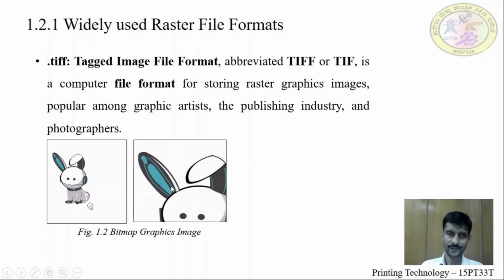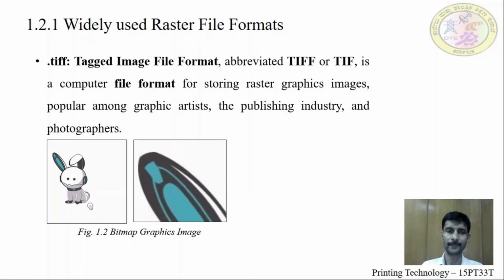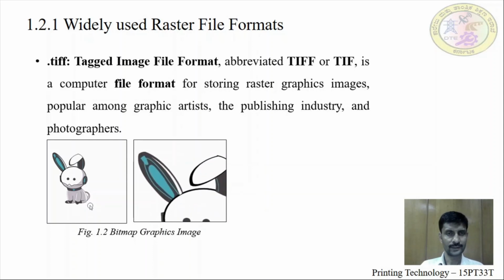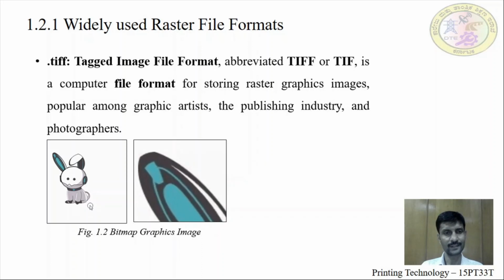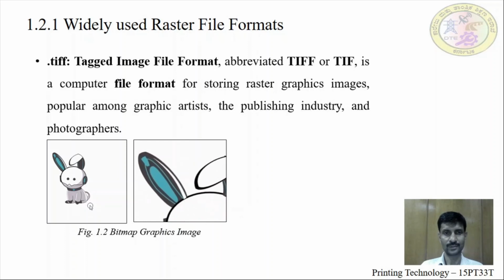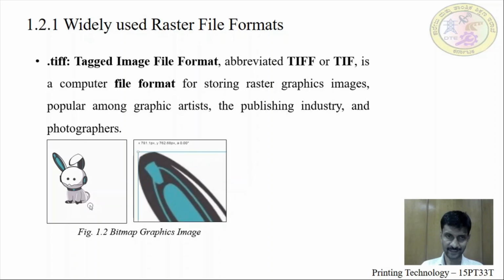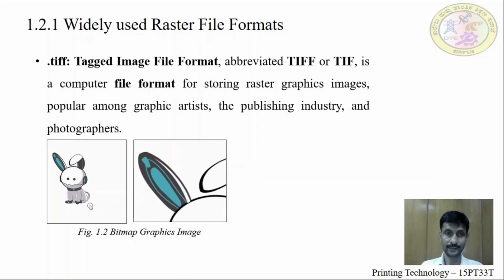This is the difference between vector graphics and bitmap graphics. Now you have understood clearly the difference between raster graphics and vector graphics. Once again, we will discuss this. Raster graphics are made up of pixels which cannot be scaled beyond the limit.